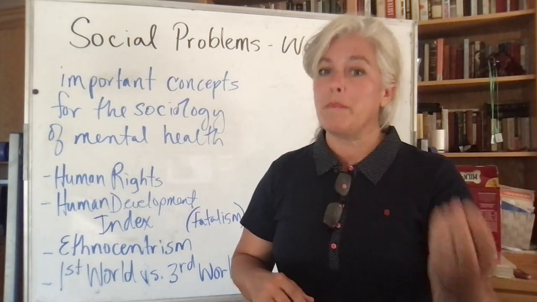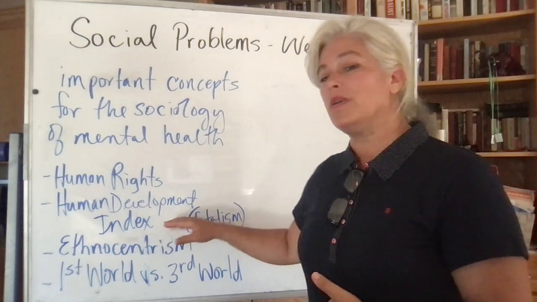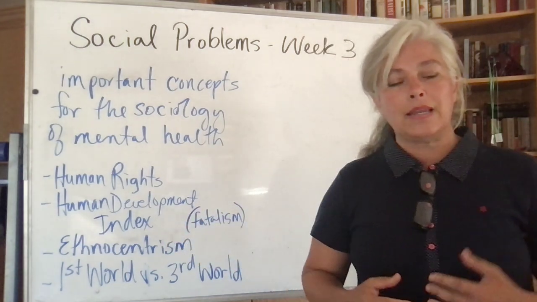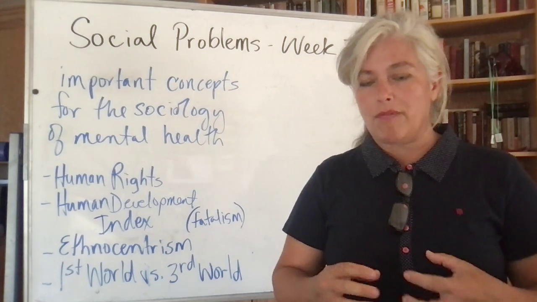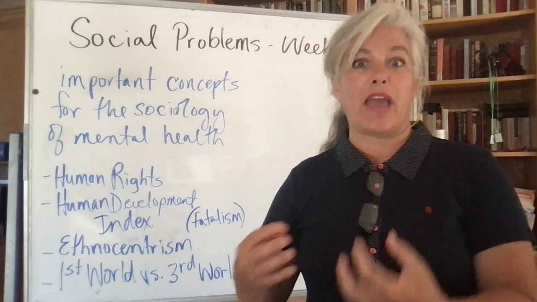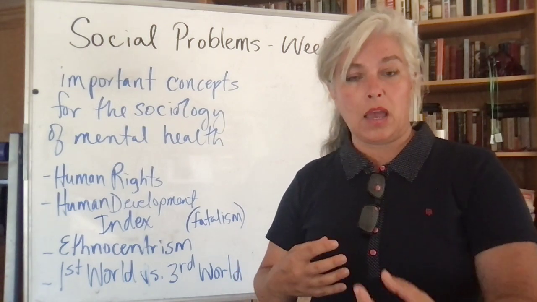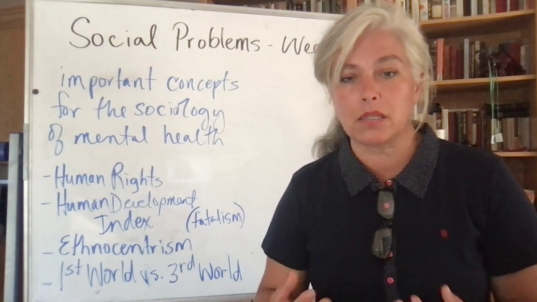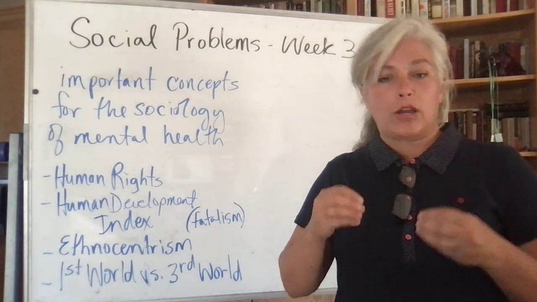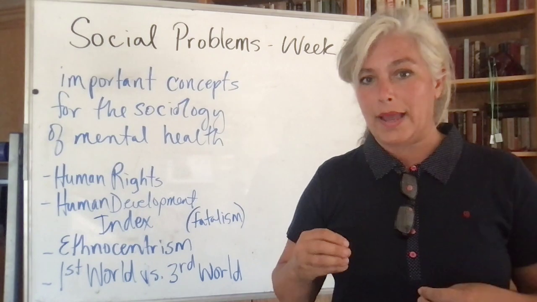Another thing that is mentioned in your reading assignment is the Human Development Index. It's on the board behind me. And the Human Development Index is a measurement of how well a population is faring mentally, physically, through development, industry, economically, education-wise, compared to each other worldwide.